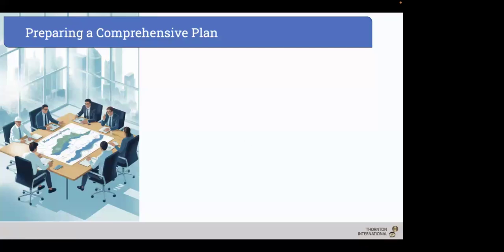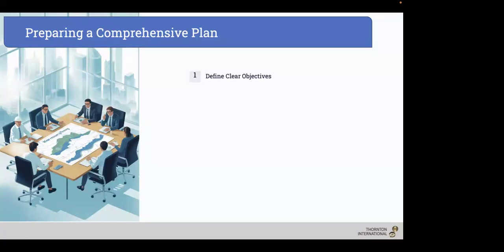So now let's start preparing a comprehensive plan for your system, for each system. First of all, you need to define clear objectives. Here, we need to establish specific targets, such as achieving a reduction of volume per year with the selected budget, or maintaining efficiency above a certain threshold.